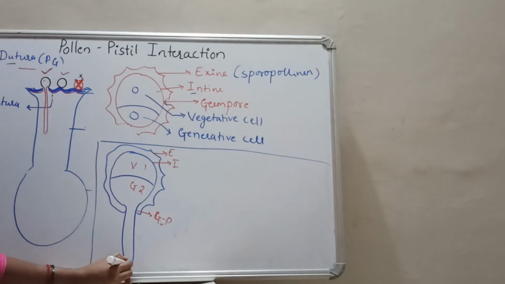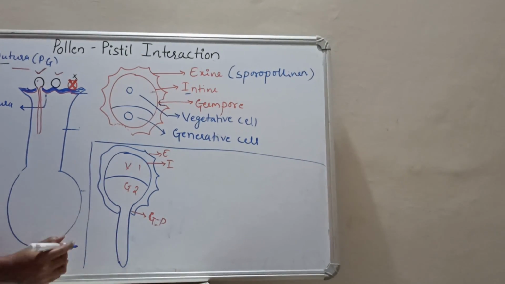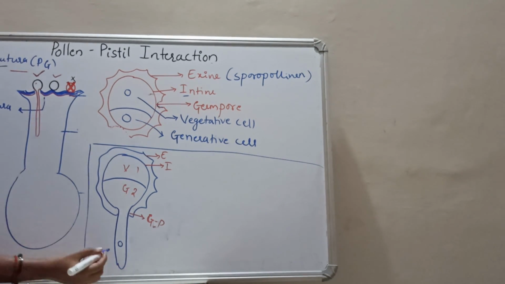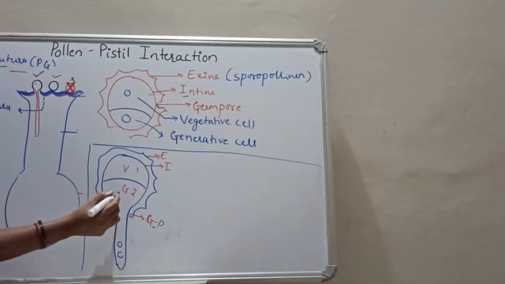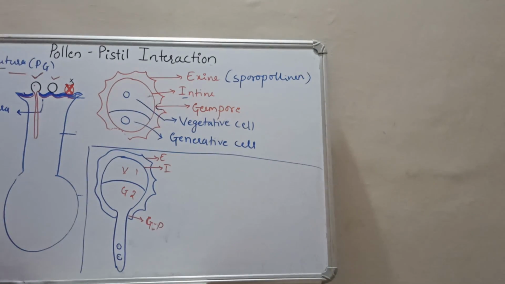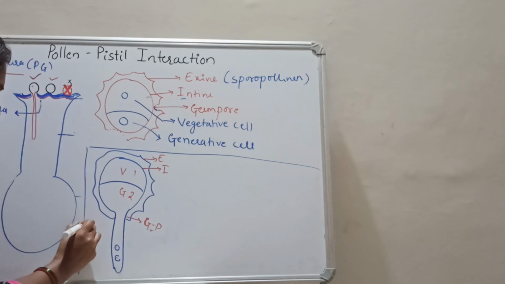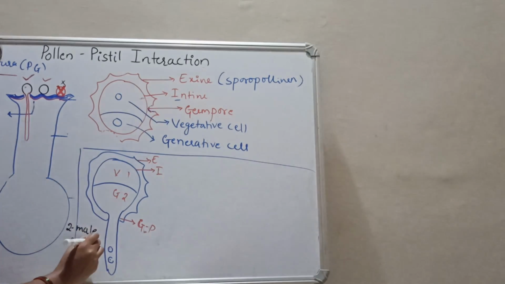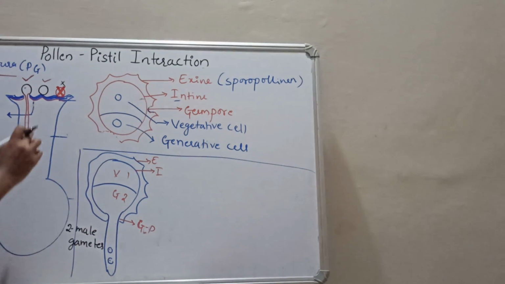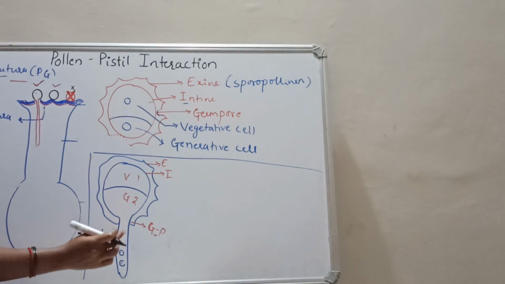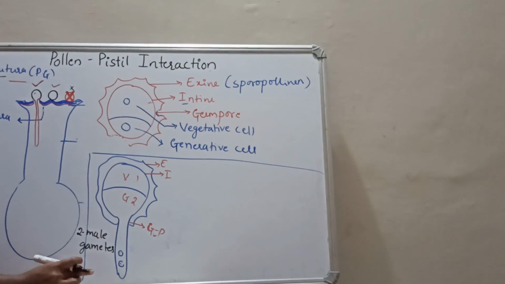After the pollen tube is produced, the generative cell produces the two male gametes. Here these are the two male gametes.